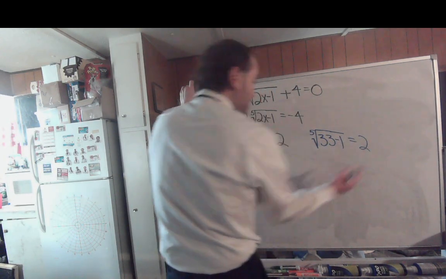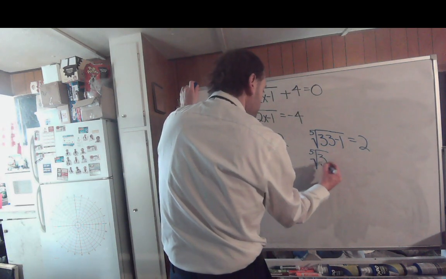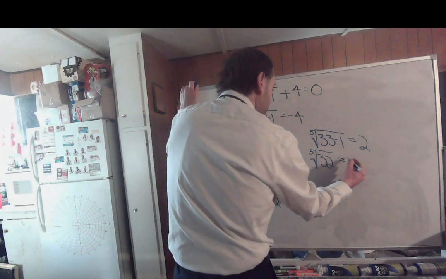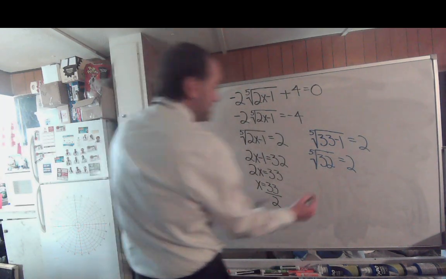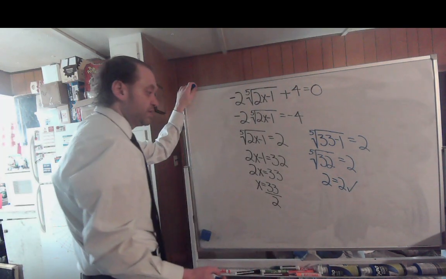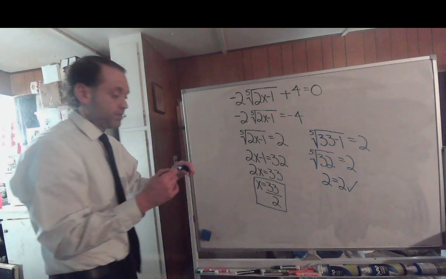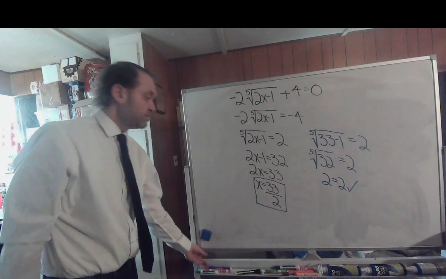Set that equal to 2. Well, this turns into the fifth root of 32. Set that equal to 2. Well, the fifth root of 32 is 2. So 2 equals 2. That is your solution then. So x would have a solution of 33 halves. That would be the solution to this problem.